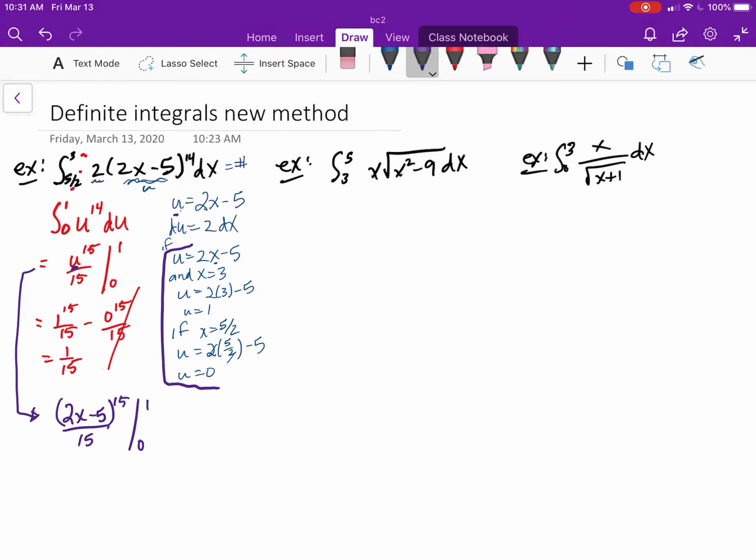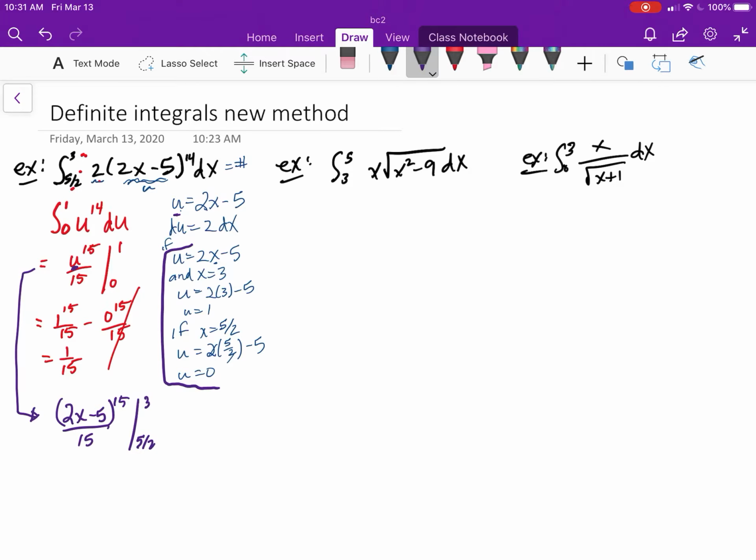Right, I substituted what we have for u back into the result. Oops, not 0 to 1. Whoops. The original bounds for x, right, were 5 halves and 3. I would edit this video, but it's good to see me make mistakes, so I'm going to leave that.